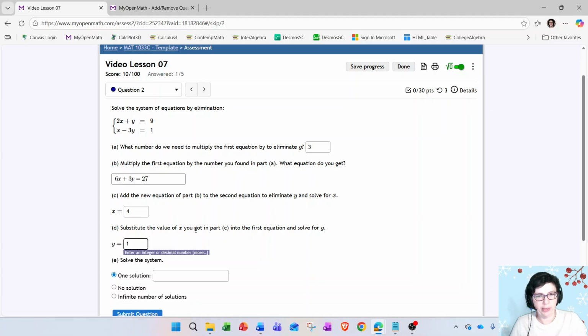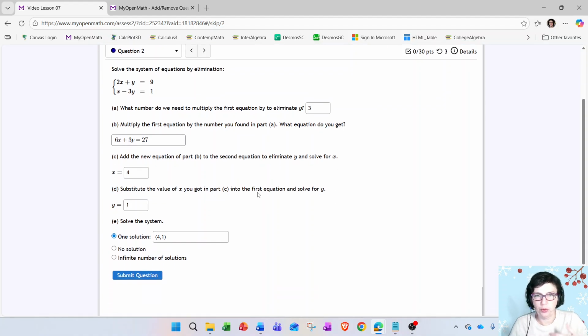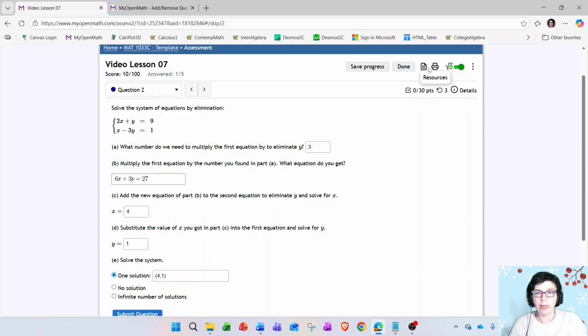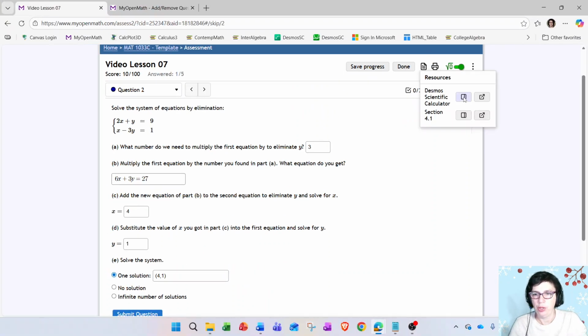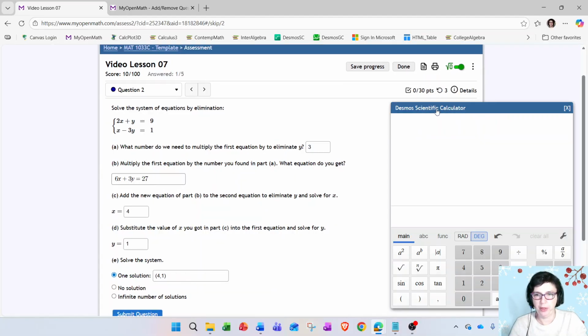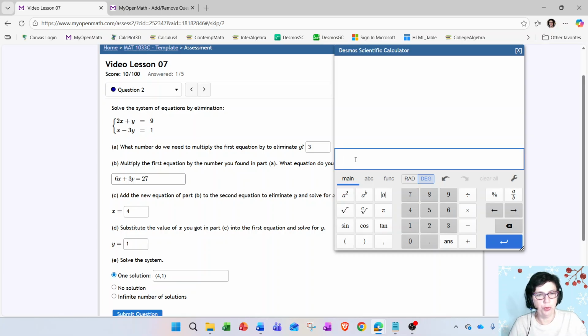Okay, so my solution is 4, 1. However, before moving on to another question, what I'm going to do is check it. I'm going to go under resources over here and use the Desmos calculator in the sidebar. So let's open that up. What I will do is type the left-hand sides of each of the equations, replacing the unknowns by parentheses.